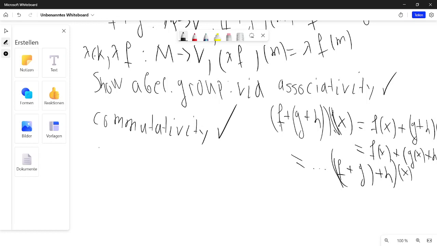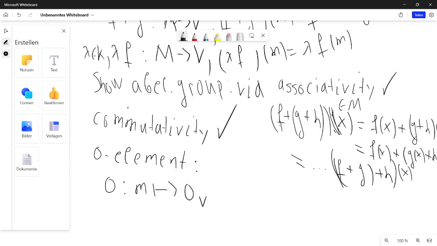Now the zero element, or neutral element. Well, you can guess, because we only act pointwise via the structure of V. That's just the function 0 that takes each x in M and maps it to 0 in V, of course.